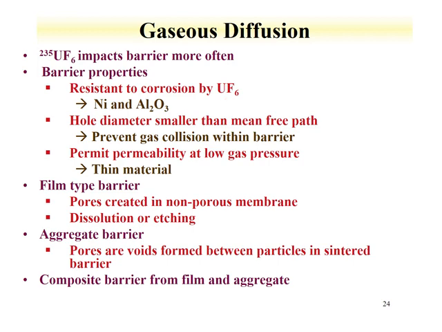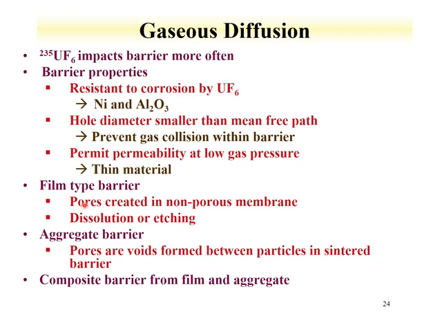This includes the use of nickel or aluminum oxide. Also some engineering parameters. The diameter of the hole in the barrier needs to be smaller than the mean free path so that it prevents gas collision within the barriers, so that the uranium wouldn't be diffusing back out. And it needs to permit permeability at low gas pressure, so you need very thin material.